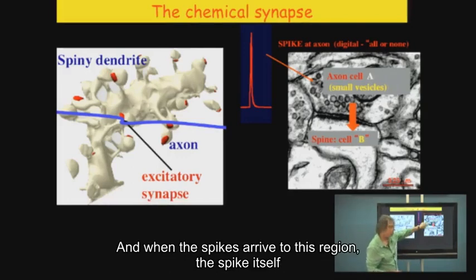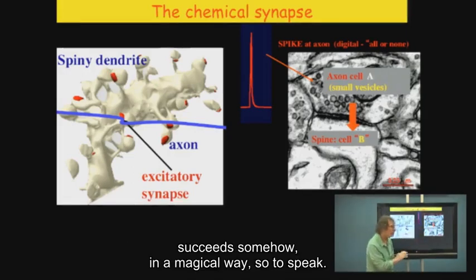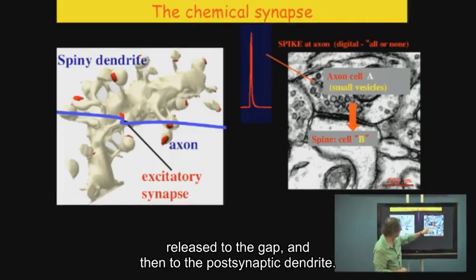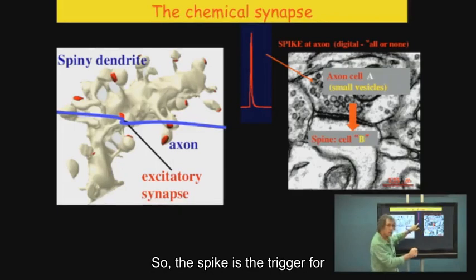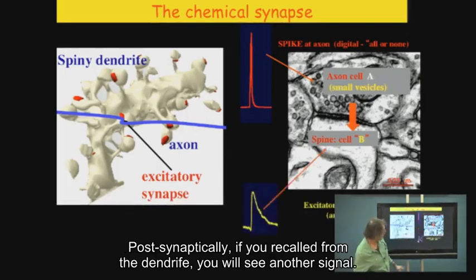And when the spikes arrive to this region, the spike itself succeeds somehow, in a magical way, so to speak, to make the transmitter be released to the gap and then to the postsynaptic dendrite. So the spike is the trigger for the releasing mechanism of the transmitter from the vesicle into the gap.